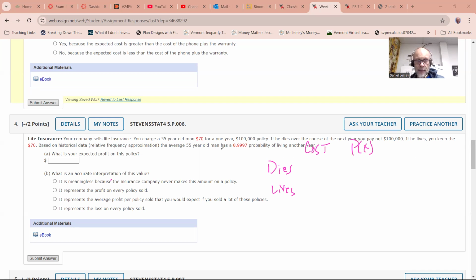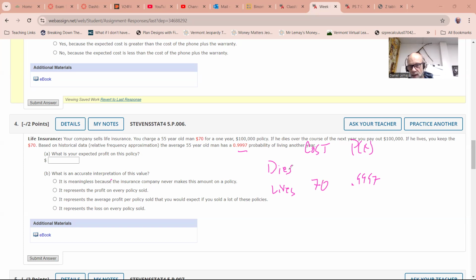So if he lives, the probability of him living will be 0.9997, and the man bought the policy, and it cost him $70. So this is from the insurance company's perspective. So there's 70. If he lives, they can take the $70 premium and they can go on their merry way and pay everything they need to with it.